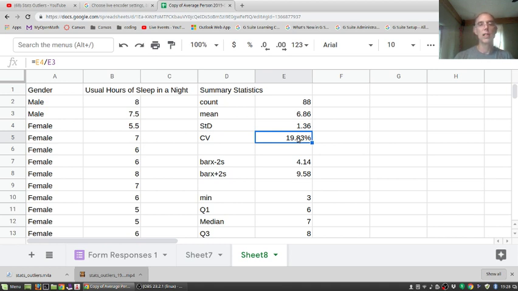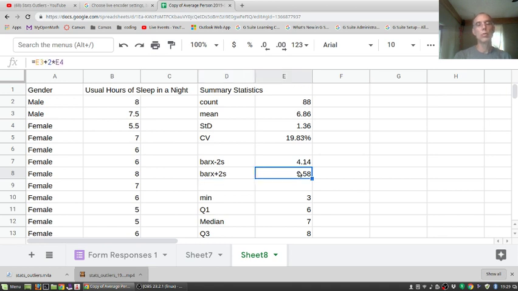Posted some links online. So related to the mean and the standard deviation, again, mean is also x with a bar over it, so sometimes it's called bar x or x bar. So here I have the mean minus 2 standard deviations, which is 4.14, and the mean plus 2 standard deviations, which is 9.58.